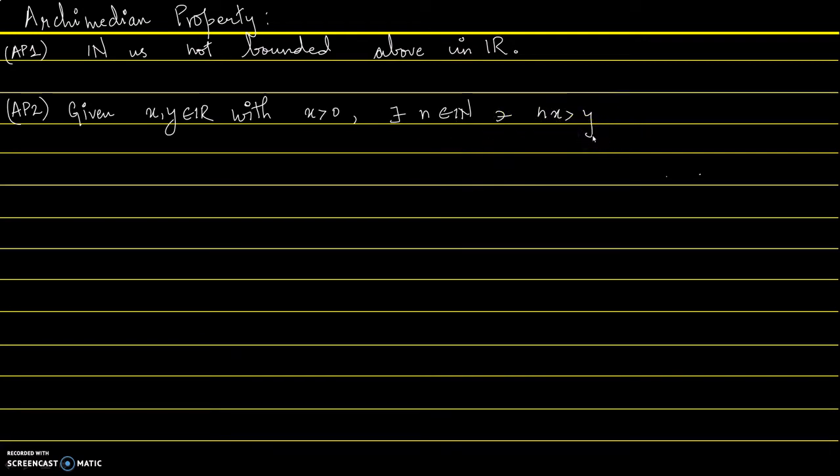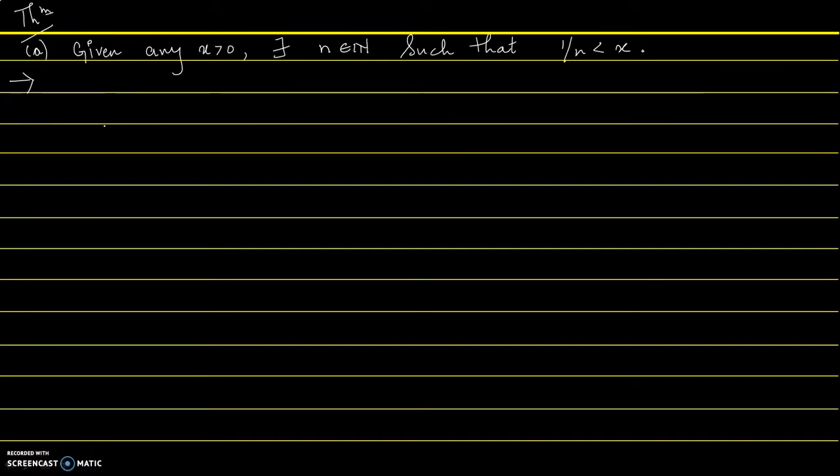With these two forms of the Archimedean property, we are going to prove some more results. They are called applications of the Archimedean property. The first one is Theorem A. I'll be doing two under this. Given any positive real number x, there exists a natural number n such that 1 upon n is less than x.